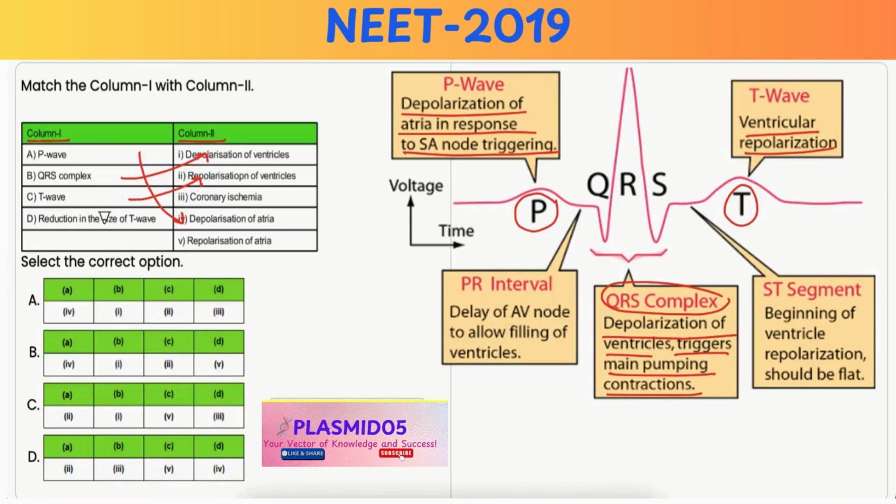And we can identify abnormalities such as ischemia, arrhythmias, or even conduction disturbances. Thus, D matches with 3. Hence, the correct answer is option A.